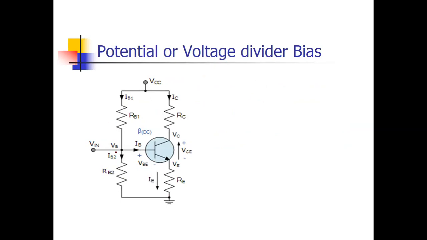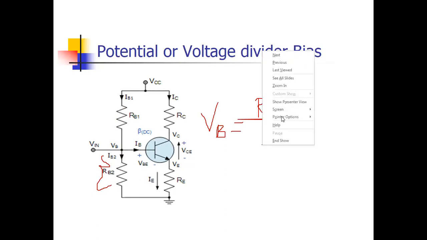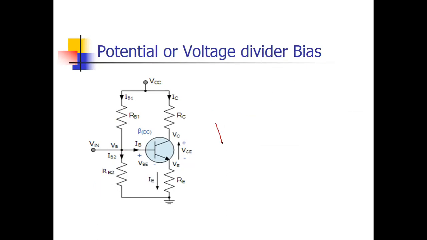Now what is voltage divider bias? Suppose there are two branches, and we want to calculate the voltage across a branch, for example the voltage across the resistance RB2.